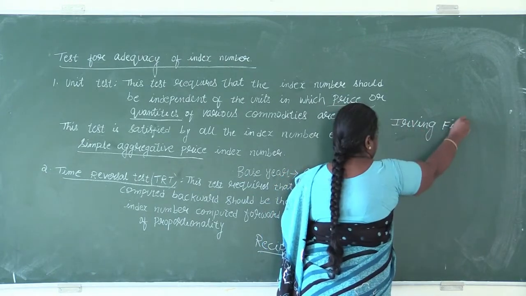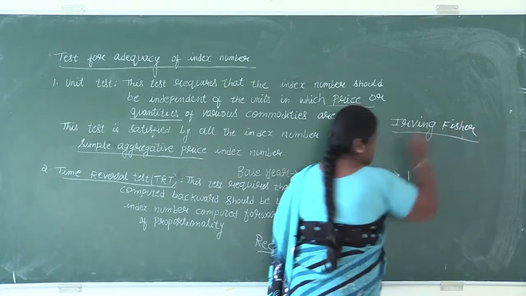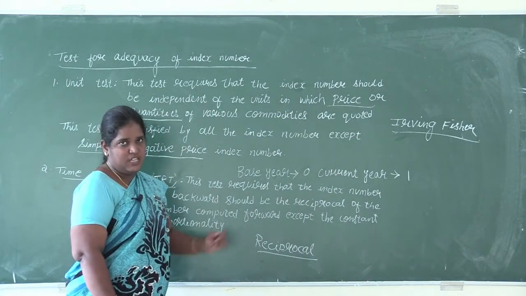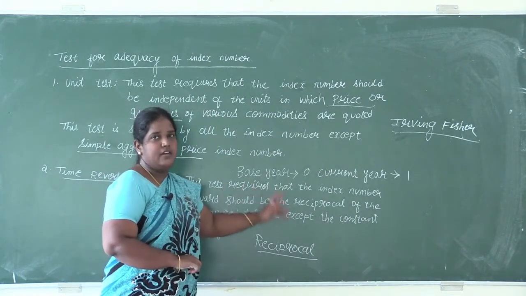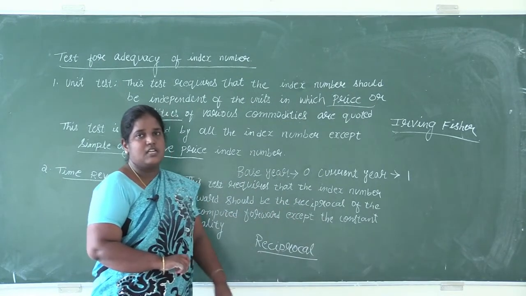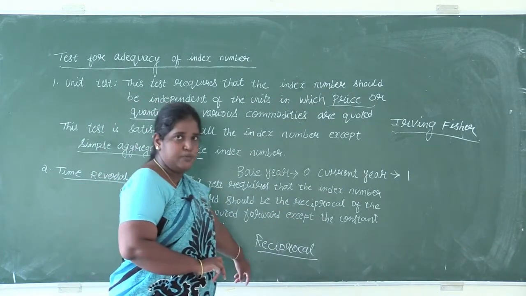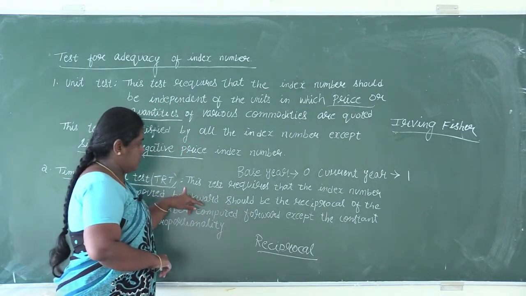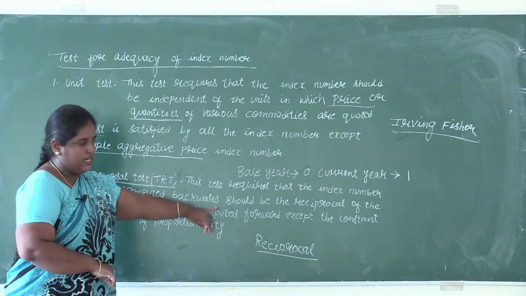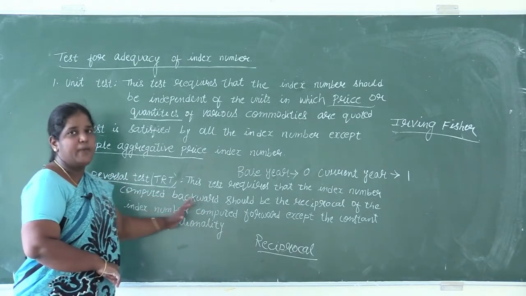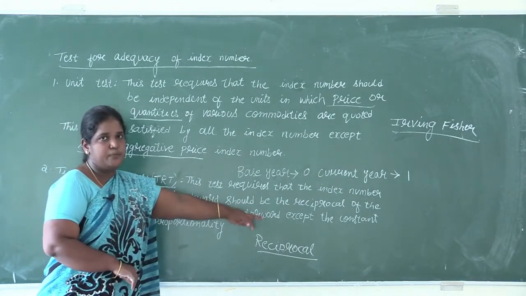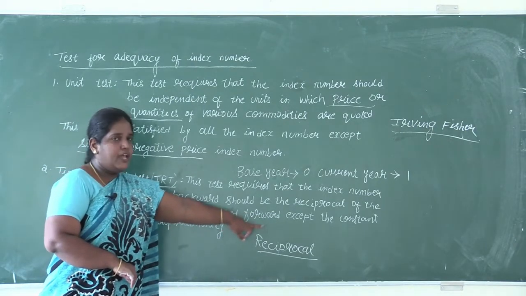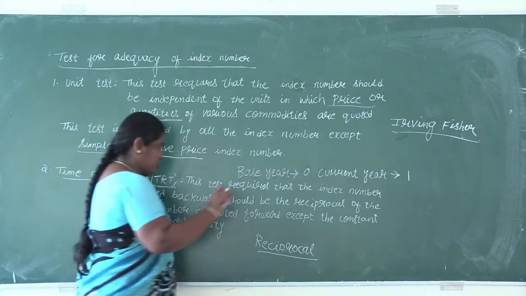In other terms, the test requires that the index number computed backward should be the reciprocal of the index number computed forward, except for the constant of proportionality.